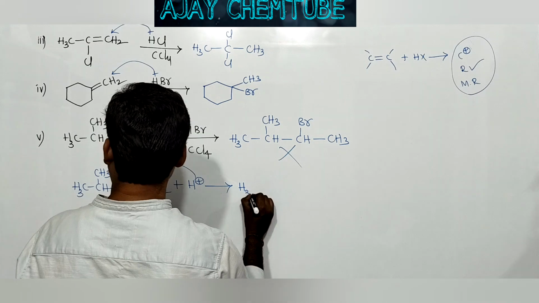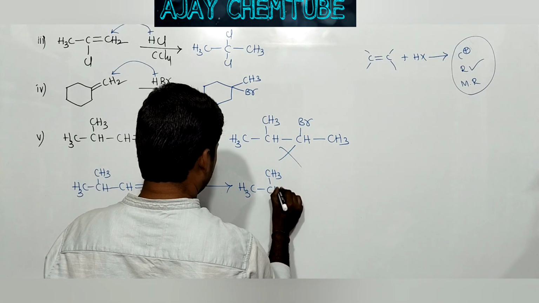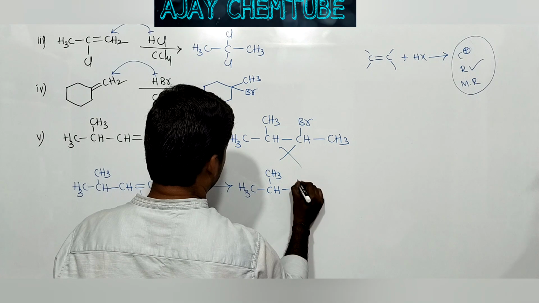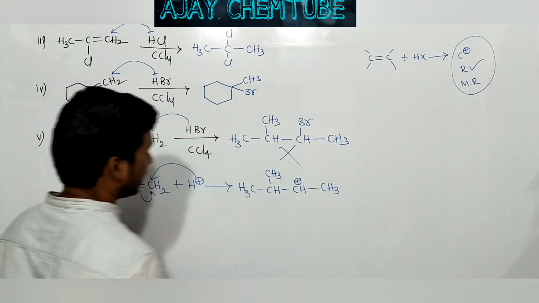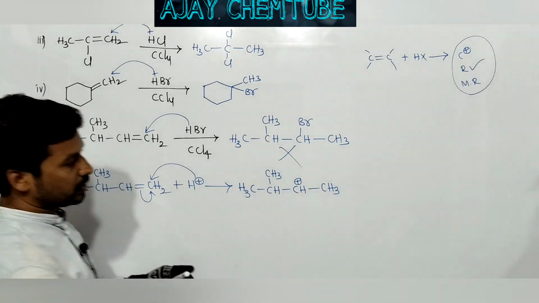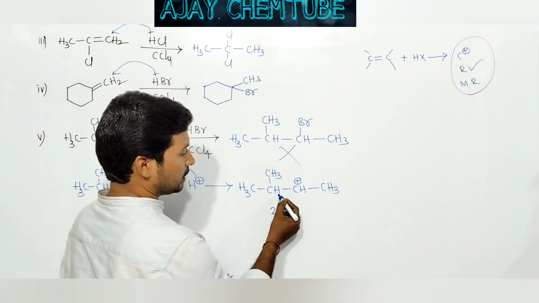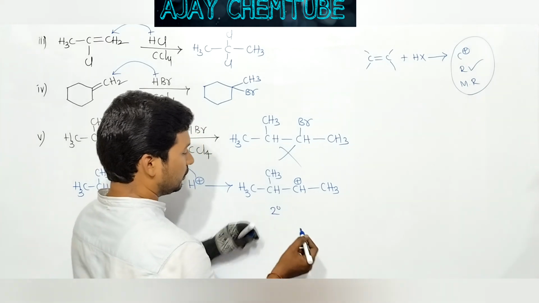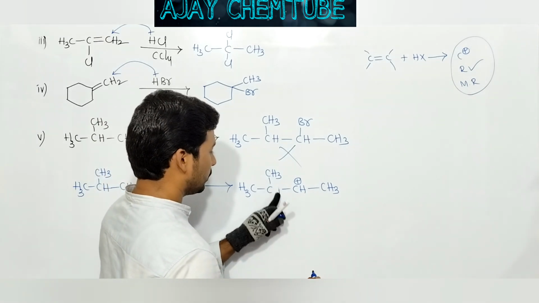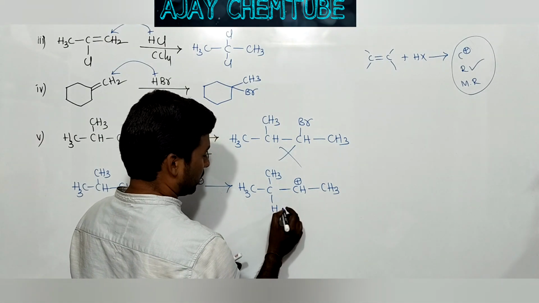So CH3, here CH, and this is CH plus, and this is CH3. Right. So this is a secondary carbocation. If hydrogen transfer takes place here, a 1,2 shift. Otherwise write this hydrogen separately so that you understand clearly.